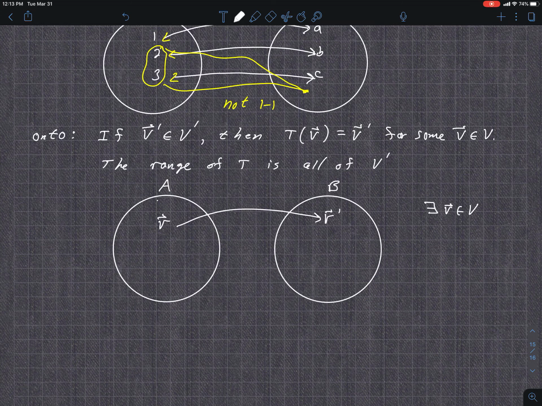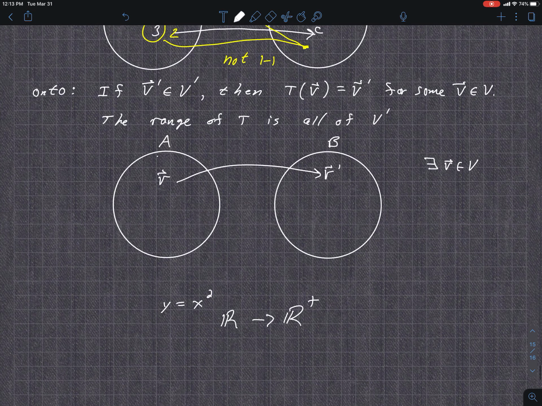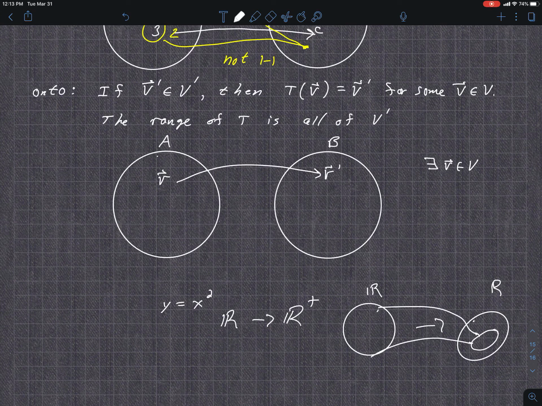That means there has to be something over here that maps to it. So what you don't have is, what if you had y equals x squared? We all know that kind of thing. Loosely speaking, that maps R to R positive. The way we're writing it here, you're mapping R to R, but in this case you don't get the whole thing.